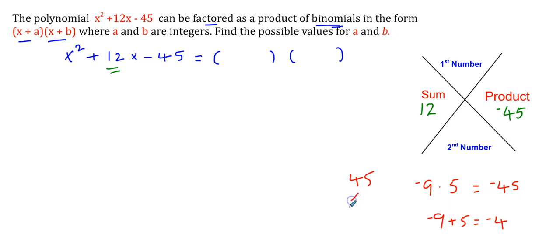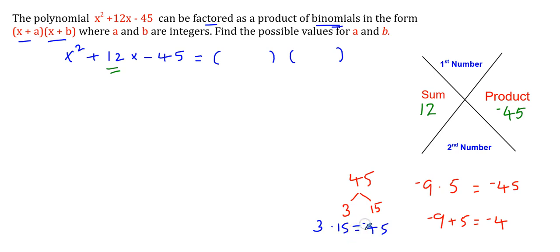Not only 5, 3 can also divide 45, right? 15 times 3 is 45. Now see if these two numbers will work for us. 3 times 15 is equal to 45.